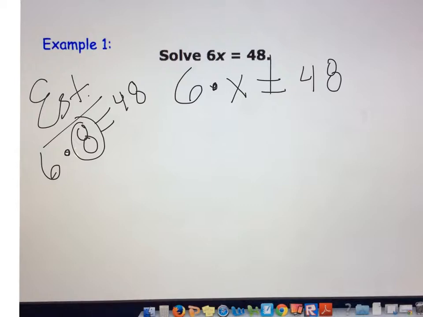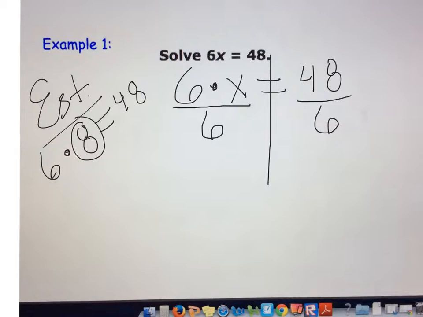So first we draw a line to divide our equation into two parts. Next, since 6 and x are being multiplied, the opposite is division. We're going to use a fraction bar to show the division, divided by 6. Our division property of equality says we must treat both sides of the equation the same to maintain equality. So we're going to divide both sides by 6.